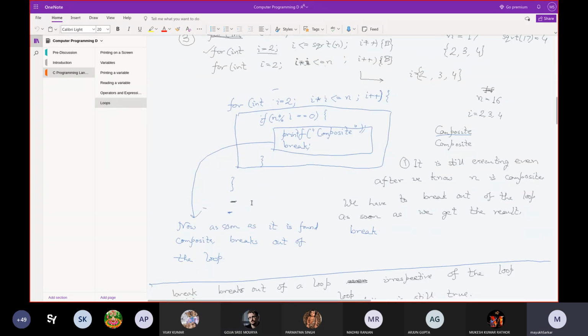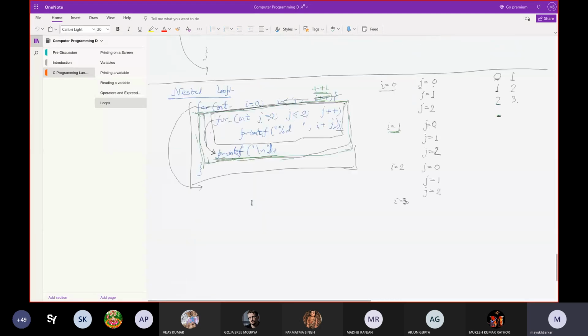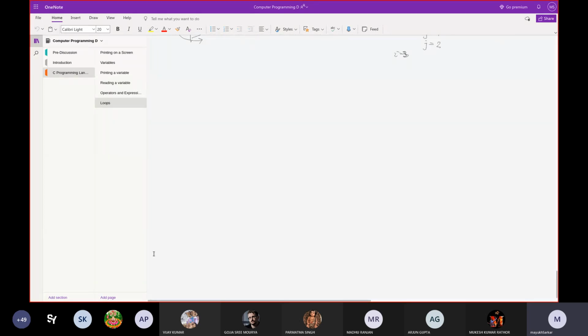Now, all these complex constructs of loops and everything can be quite well understood by forming various patterns.